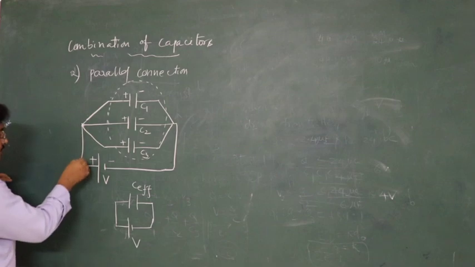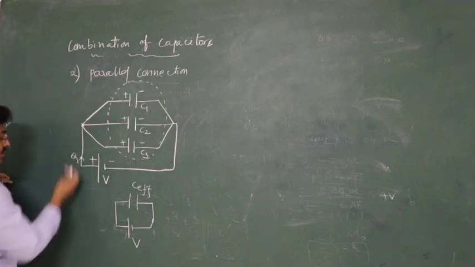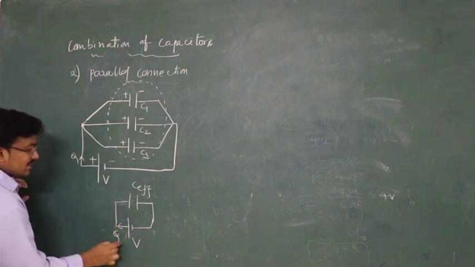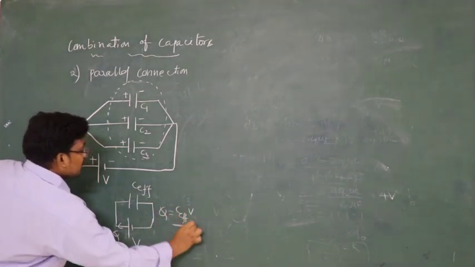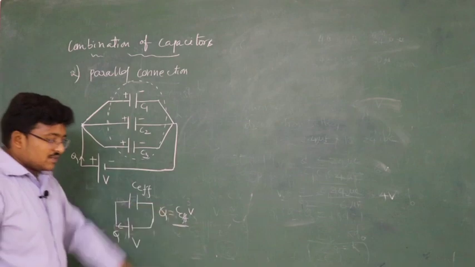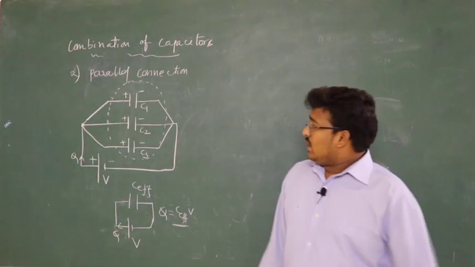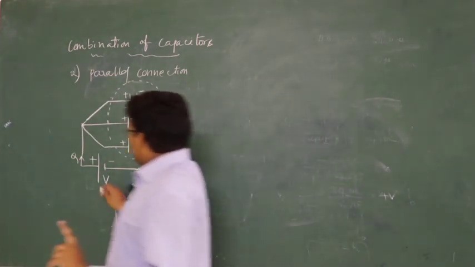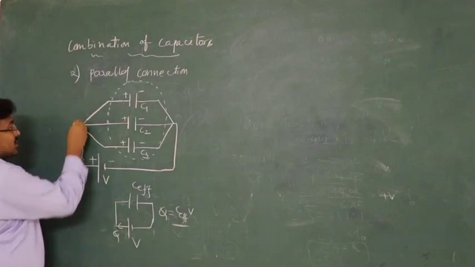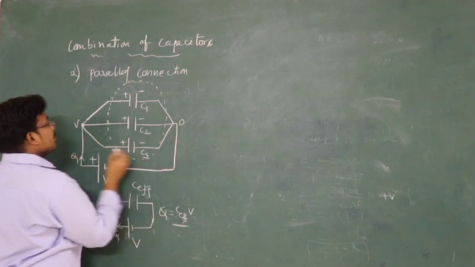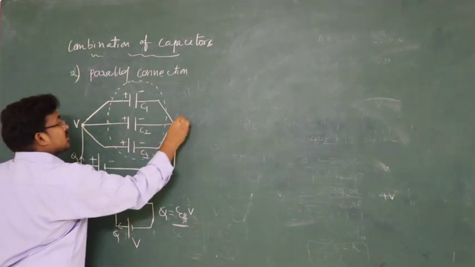Now if some charge Q is taken, then Q is equal to C effective into V. We want to find that C effective, right? Here, if I take the battery voltage as V, it means the positive potential is V and the negative potential is taken as 0. So this is V, this is 0.